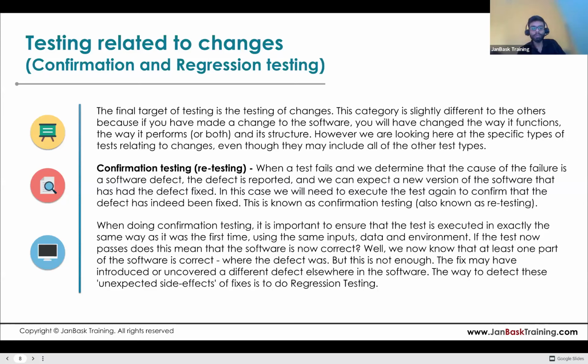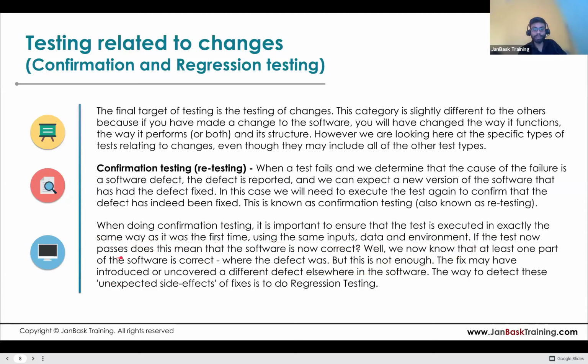And when you are retesting, you need to simulate the same pattern so that you can make sure the defect has been fixed by the developer and you are good to go. So it is executed in exactly the same way as the first time, using the same inputs, data and environment. That's what I was telling you.